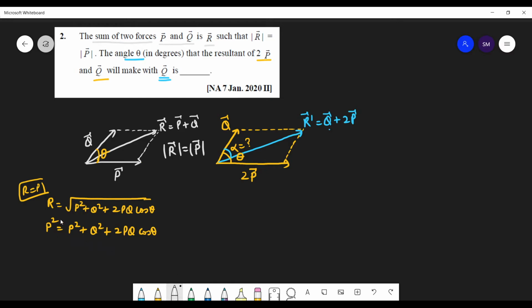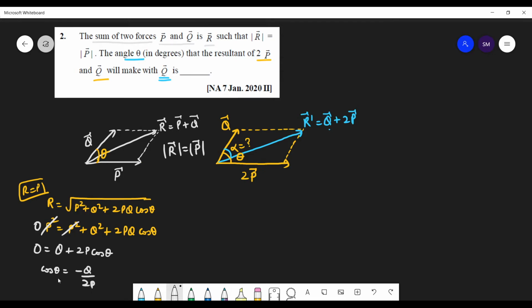Now this P square will cancel out. You will get 0 here. Now taking Q common, Q is not equal to 0, so that will also cancel out. So divide both sides by Q. So you get Q plus 2P cos theta equals 0, and cos theta you can calculate, that is minus Q by 2P.